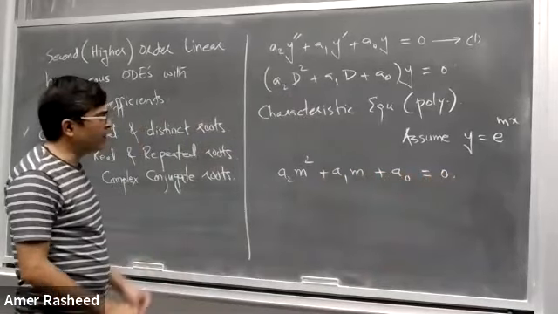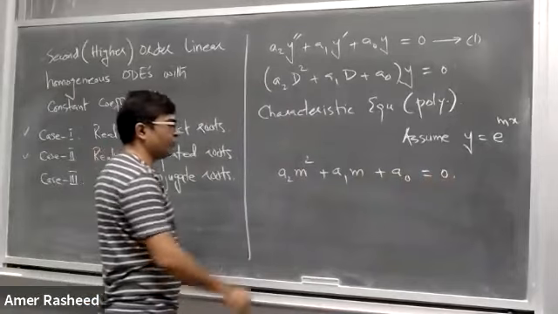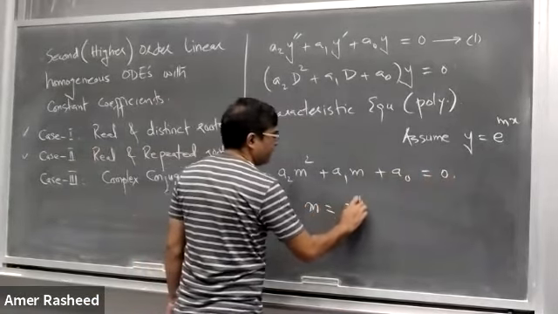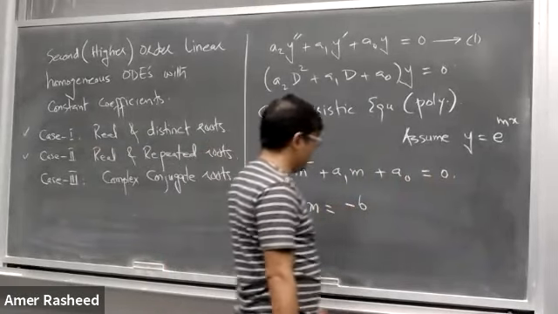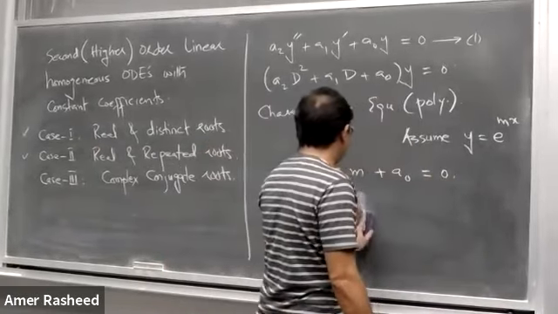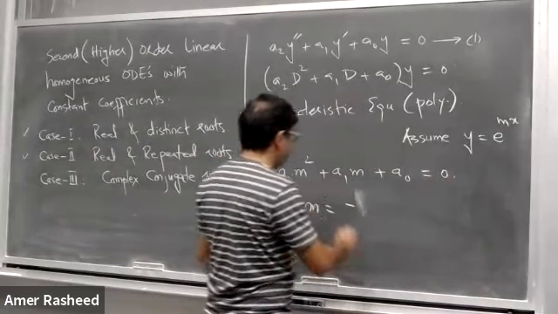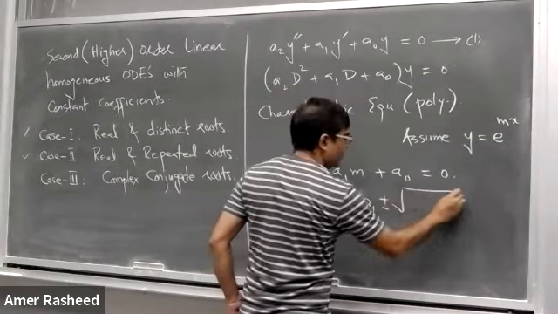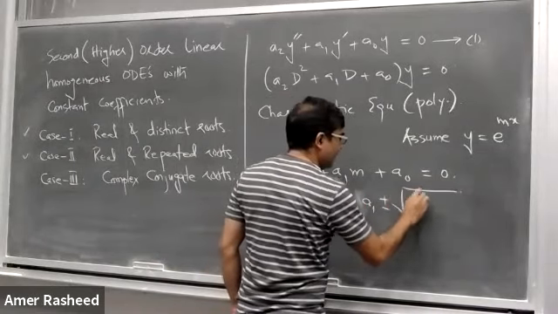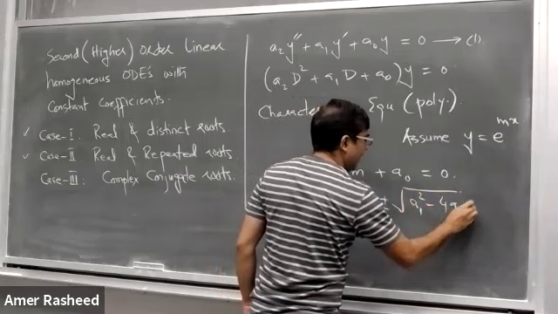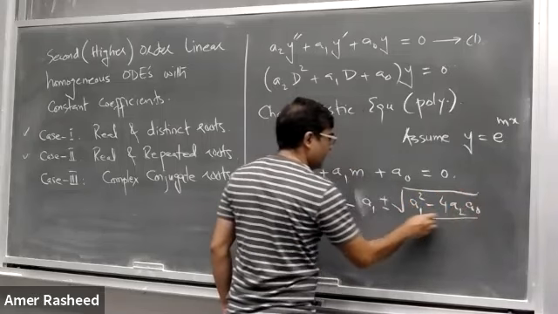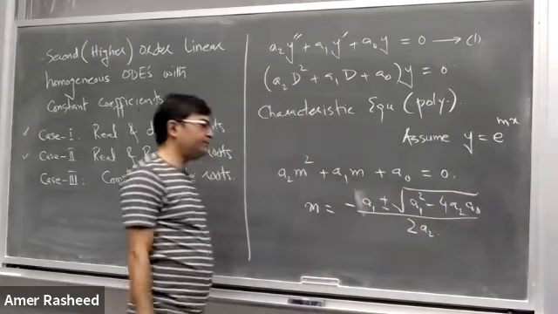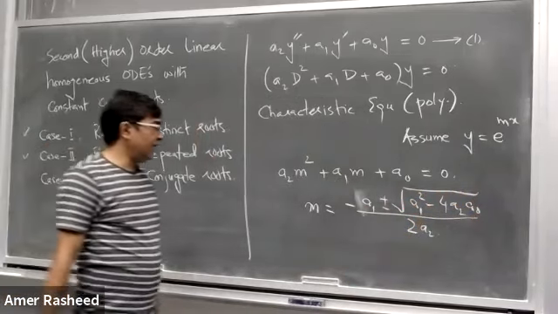Now this is a polynomial equation. How do we find the roots of a polynomial equation? We can use the quadratic formula, which is minus a1 plus minus the square root of a1 square minus 4 a2 a naught, divided by 2 a2.